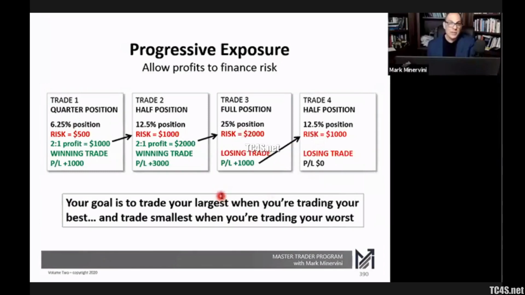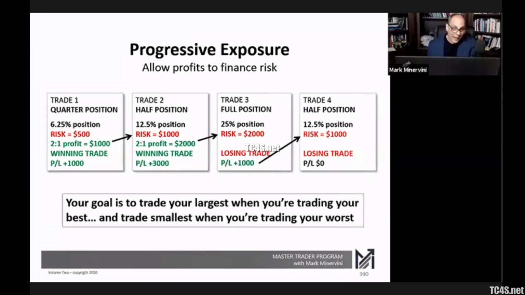Now, a lot of times what happens is, in a good market, you're going to have a winning streak, and you're going to have a bunch of trades that are all doing well at the same time. Maybe you get knocked out of one or two out of four or five or six, but on balance, you're going to be doing well. The key is that you want to use this type of pyramiding strategy. Using this type of method guarantees that you're trading your largest when you're trading your best.